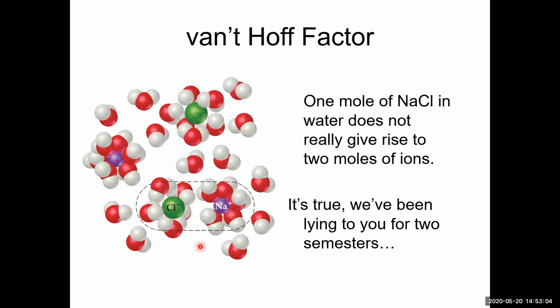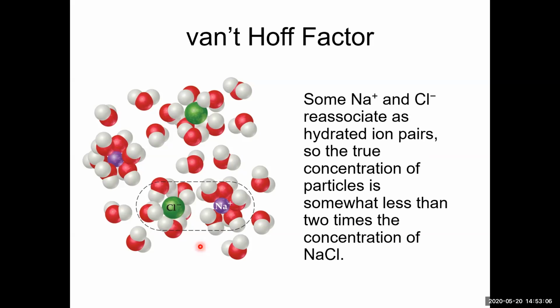This is called an ion pair. Some sodium and chloride reassociated as hydrated ion pairs. Hydrated means they have water bound to them in their ion dipole. But remember, this positive and negative is pretty attractive, so some of them, if they get close enough, might stick to each other a bit. They're not forming a precipitate, not forming that big salt crystal, but some of them do that.